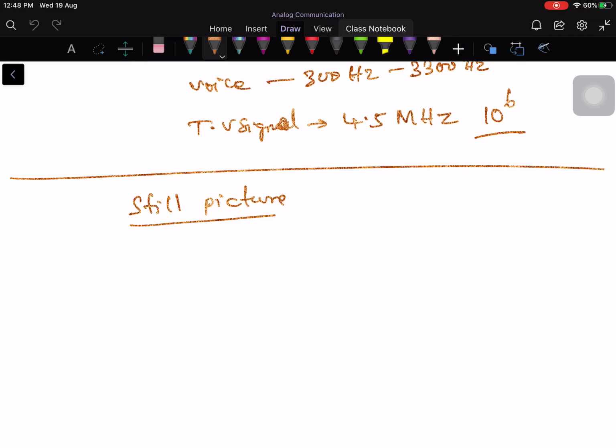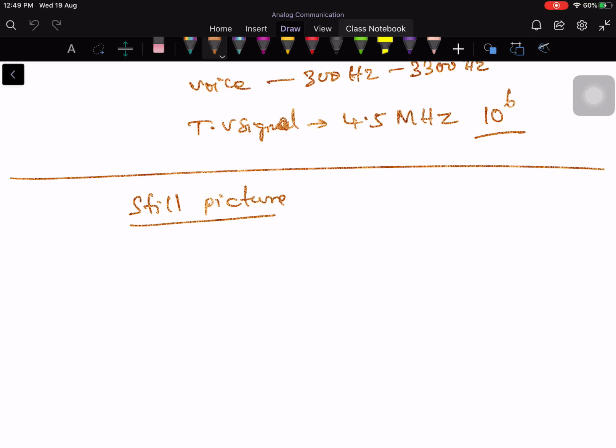In the still picture, the rate of scanning is under our control, and there is no particular requirement from the nature of the picture itself. Of course, if I scan it fast enough, there is an advantage: I will occupy the communication resource for less time, and of course I need to pay a smaller bill for that. But from the nature of the picture itself, there is no such requirement.